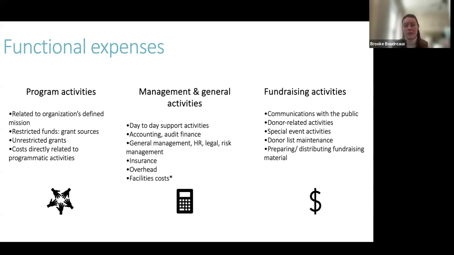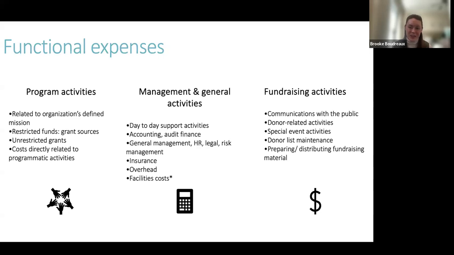These could be things like your accounting function, your audit, any insurance or general overhead costs that you incur as an organization. Facility costs can even be captured here. So some of those things go under management and general.